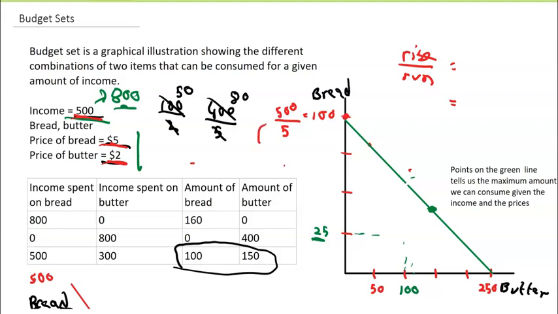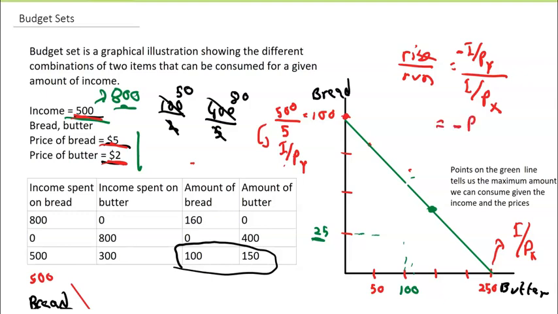So I can also write this as I over P of Y. Same thing, this one would be I over P of X. So then I can write my rise over run as I over P of Y divided by I over P of X. And there's got to be a negative sign somewhere. So if we simplify this, we end up getting Px over Py.